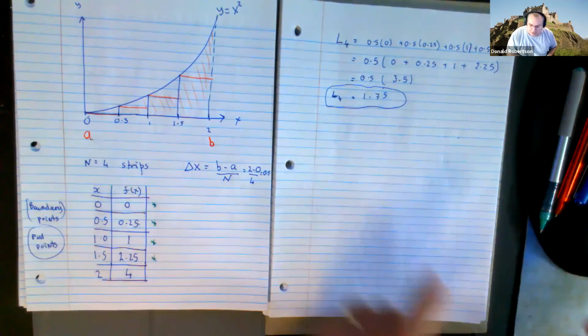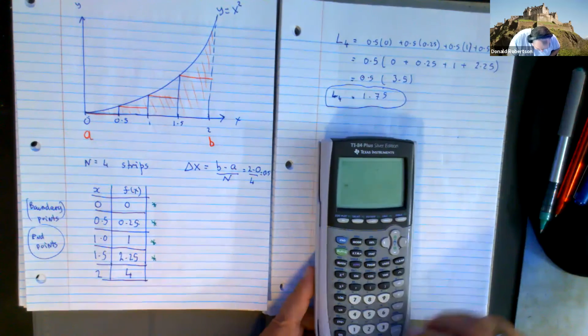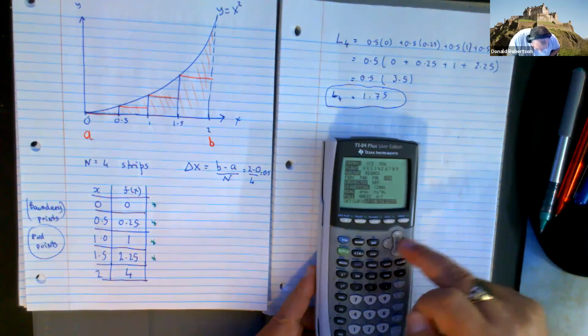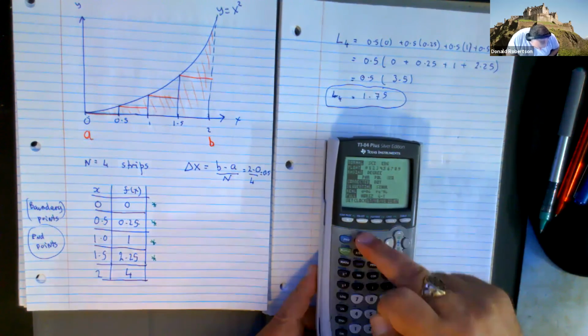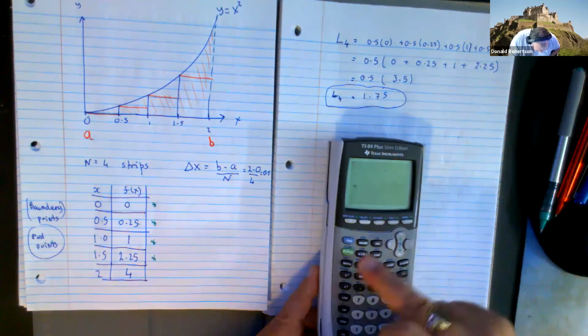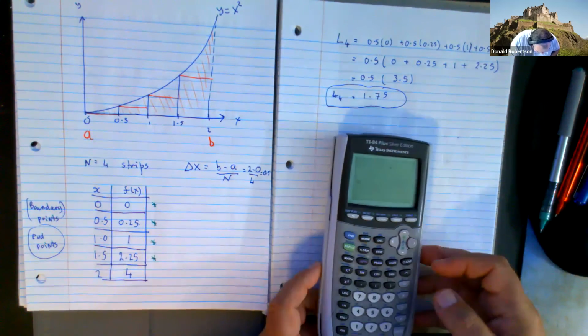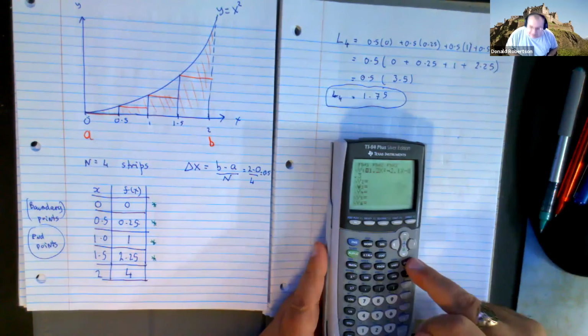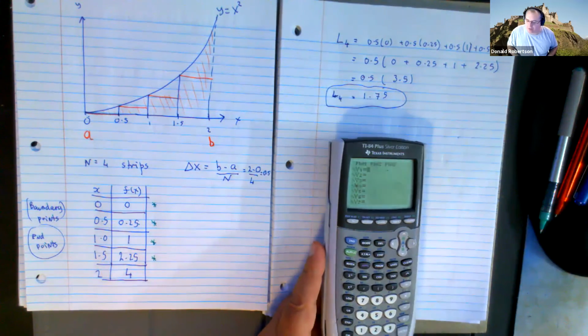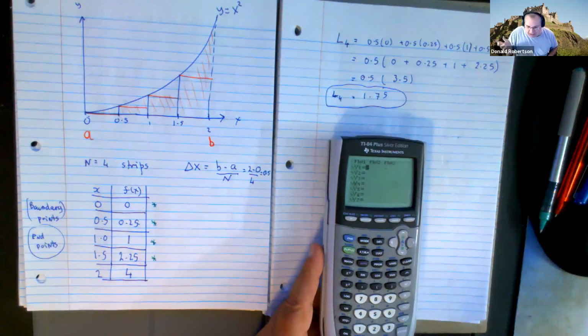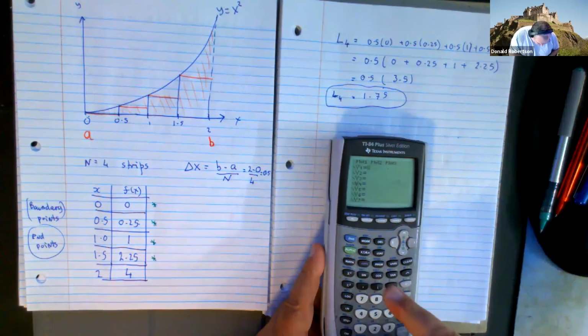And so here goes. I'm going to make sure my calculator's set for it, which it is. So what I'm going to do is go into y equals, and I'm going to write down whatever that horrible function is. Now, I can't remember what I said last time, so I'm making up a new one.